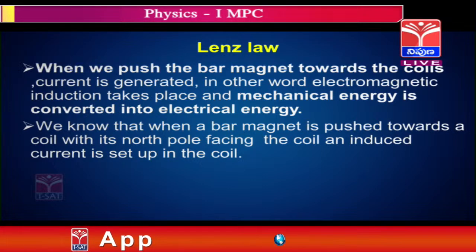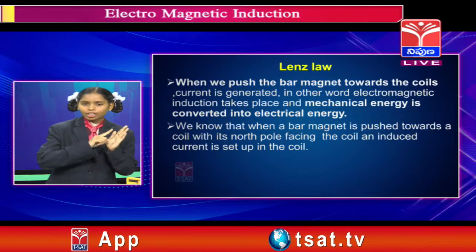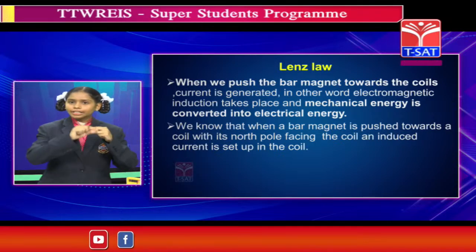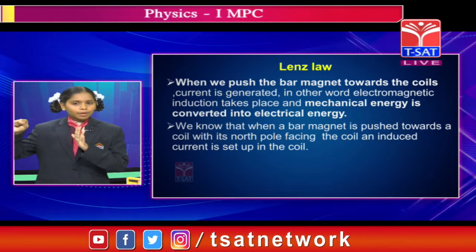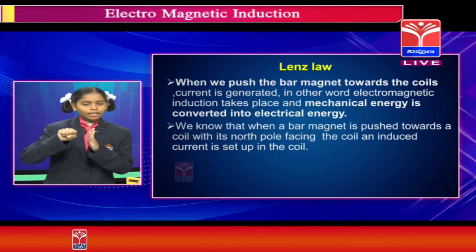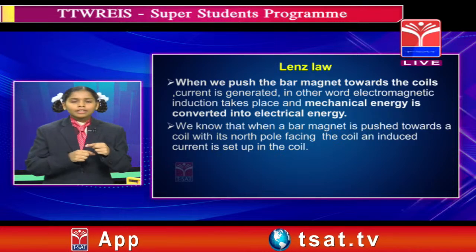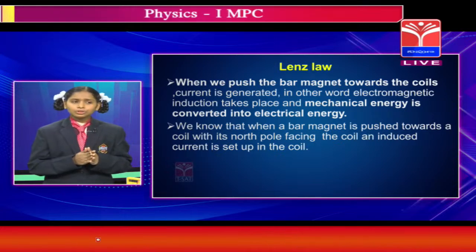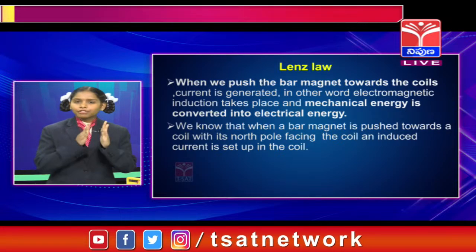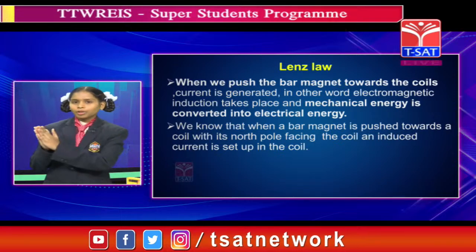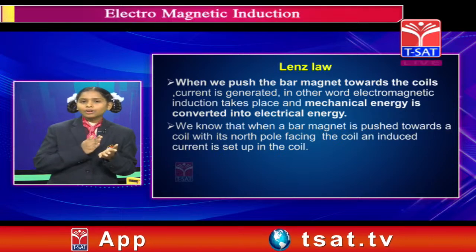So we already know that when the bar magnet is pushed towards the coil, there is a deflection on the galvanometer. That means a current is induced in the conducting coil. When the bar magnet is pushed towards the coil, with respect to the north pole of the coil, suppose the current flows in clockwise direction. So the current carrying loop behaves like a magnet, facing its south pole to the north pole of the bar magnet, and then the north pole of the bar magnet attracts the coil.